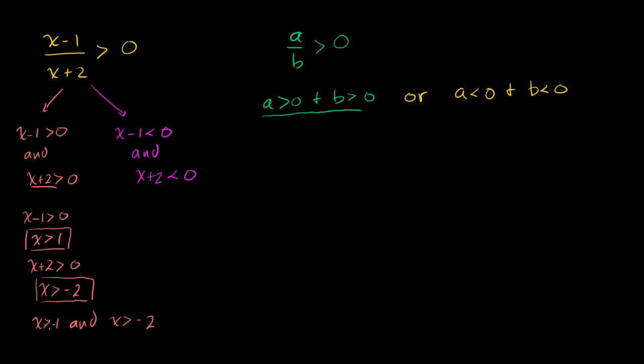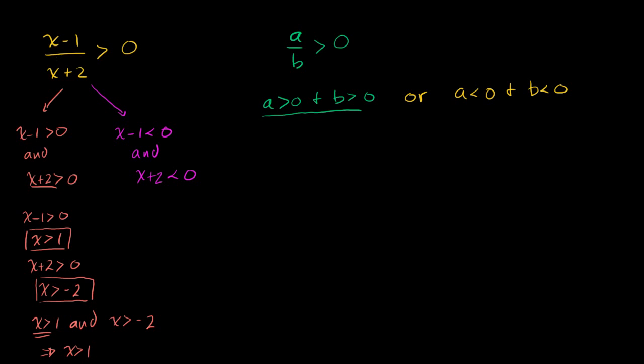So for something to be greater than 1 and minus 2, it has to be greater than 1. So this whole chain of thought, where I'm saying the numerator and the denominator are greater than 0, is only going to happen if x is greater than 1. Because if x is greater than 1, then x is definitely going to be greater than negative 2, right? Any number greater than 1 is definitely greater than negative 2. So that's one situation in which this equation holds true. And we could even try it out.